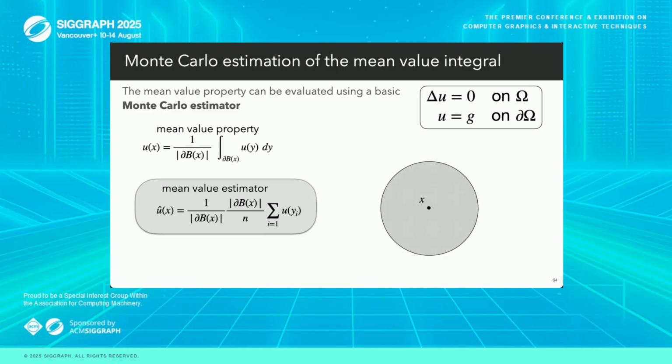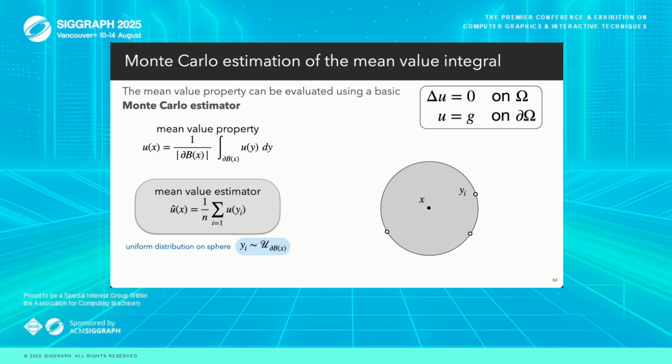I'm going to approximate the integral with a discrete summation over here, where the points yi will be sampled uniformly on a sphere I select around the point where I'm looking to evaluate the solution. I can use any sphere I want that is contained within the domain omega where I'm looking to solve this PDE, but it's going to be convenient to actually use the largest of those spheres, because as we'll see in a few minutes, it's going to make my algorithm converge faster.